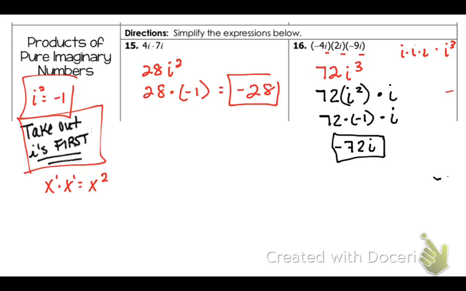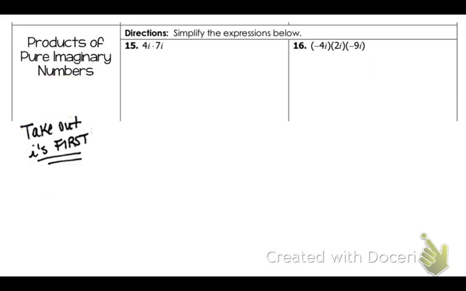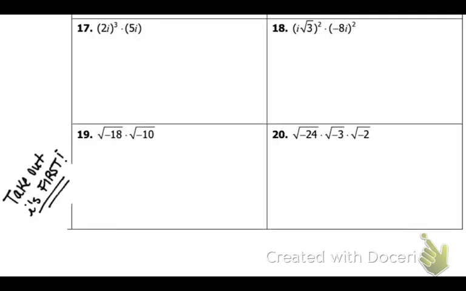So now let's look at the next ones. I'm going to go ahead and do probably 18 and 20, and I think that's it. So if you look here, you're going to be dealing with your i square root of 3 squared.